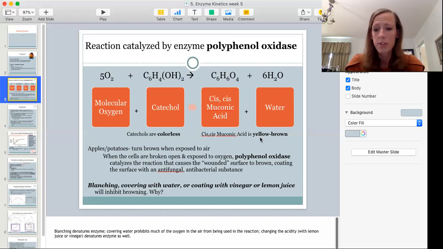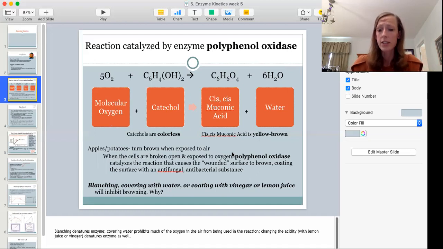You've probably observed this many times. When you leave apples or potatoes out and they're exposed to the air, so when they're exposed to oxygen, then you've seen that they take on a brownish pigment. They turn brown when they're left out in the air, right?